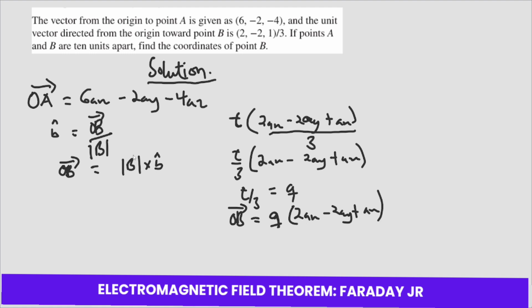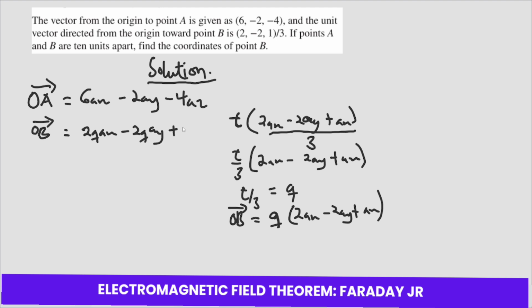So now my OB can be written as 2q ax minus 2q ay plus q az.